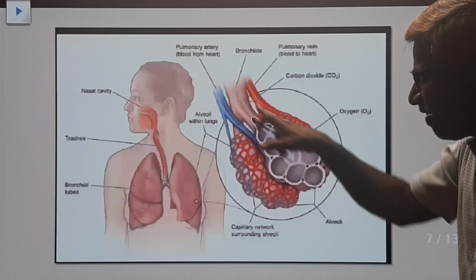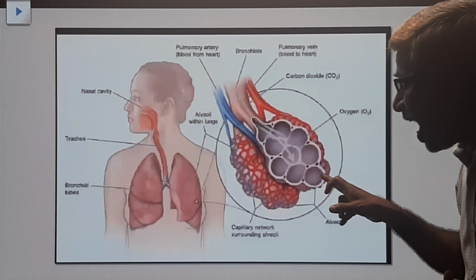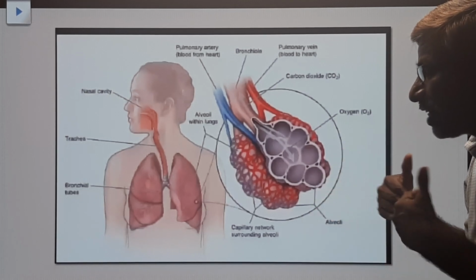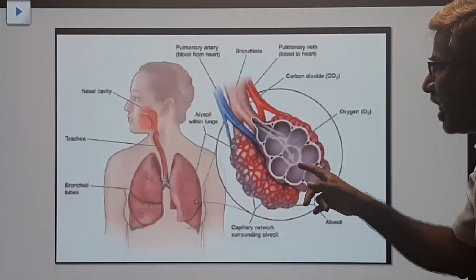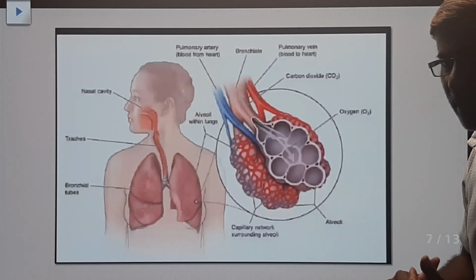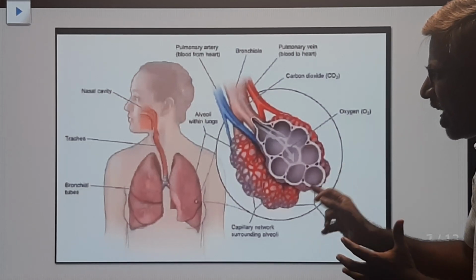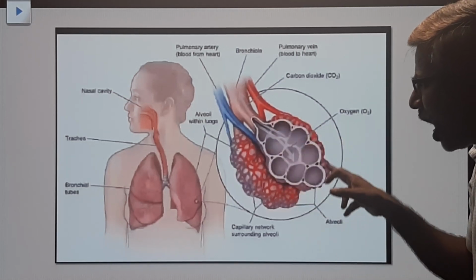When the air reaches the alveolar sacs, gaseous exchange takes place between the alveolar air and capillary blood. Where the gaseous exchange takes place, that is the location. They are called alveoli.